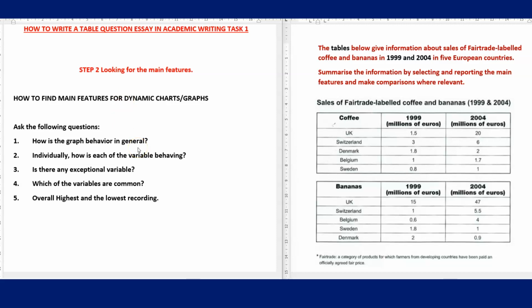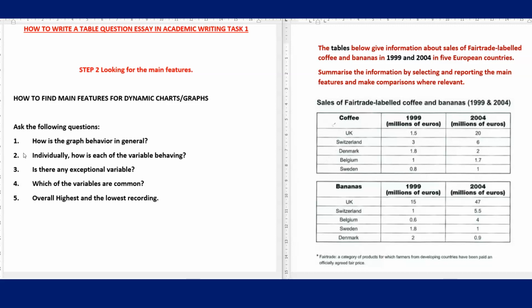Just categorize them under dynamic and static and ask the right question for you to get the major features that you need. We know it's a dynamic graph. We don't have to just look through it. If you picture the thing like this, you will be very confused. So just use your questions to get your answers.